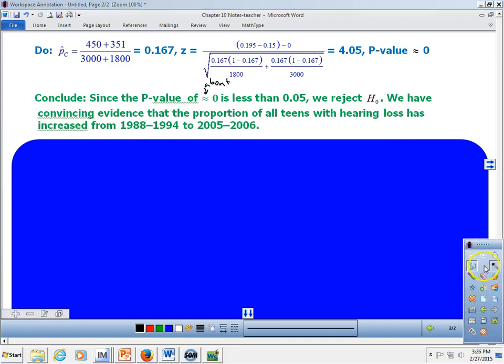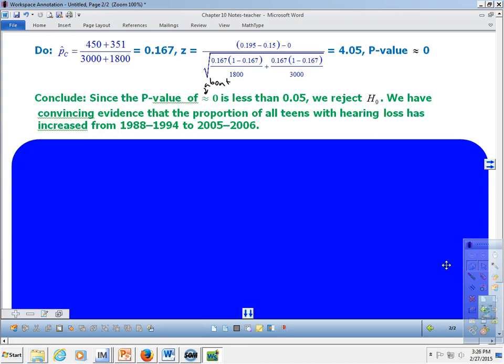Right? So the follow-up question for this, part B, was can we blame it on the iPods, basically, right? Since Apple introduced the iPods in this time frame, does that mean that we can blame this all on the iPods? Well, to answer that question, does this test mention anything about iPods?